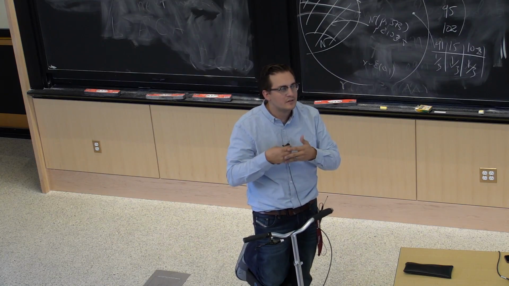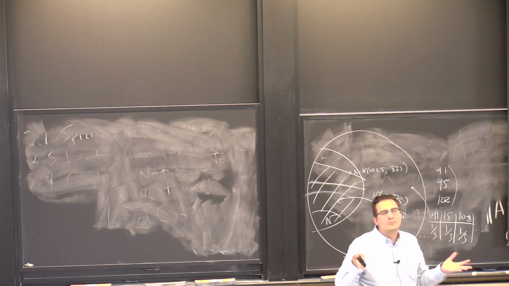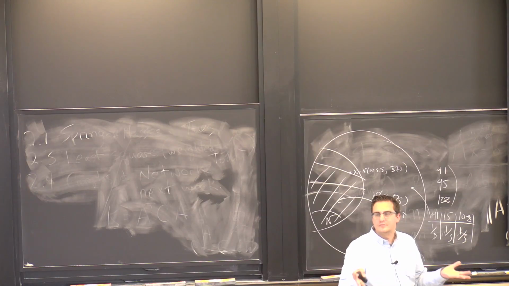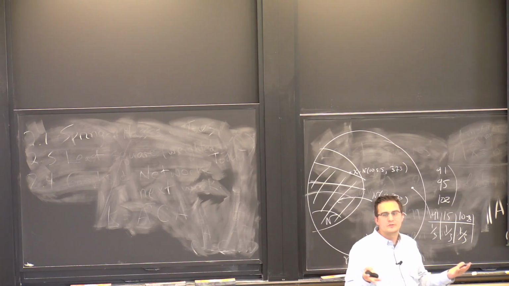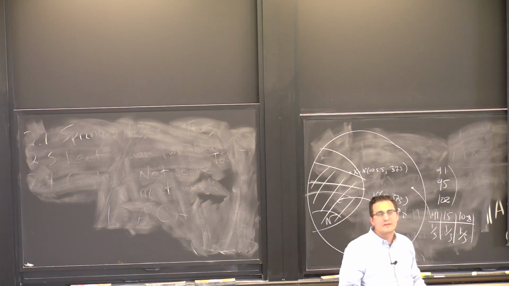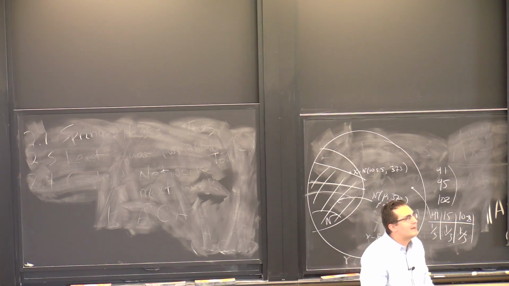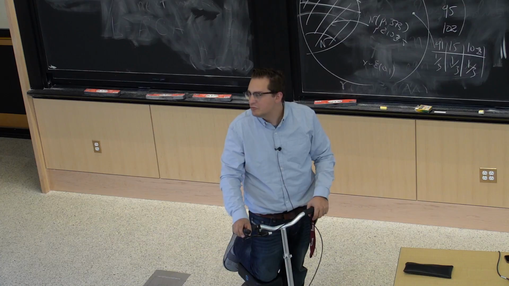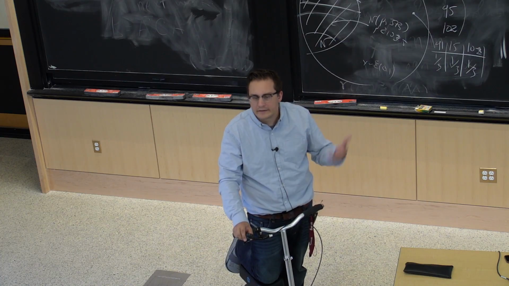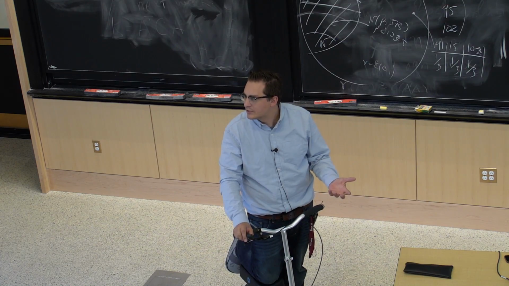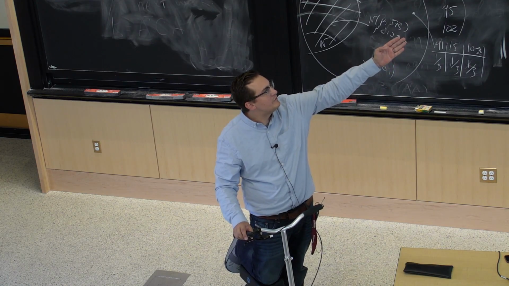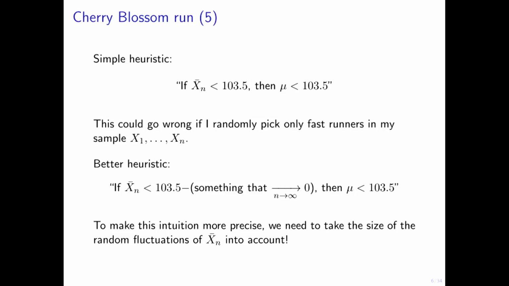In blunt words, the CLT tells me the mean is at distance 1 over root n from the expectation, pretty much. So if I have 10 people in there, 1 over root 10 is not a huge number, right? It's like 1/3, pretty much. Okay, so 1/3. 103.5, if the true mean was actually 103.4, but my average was telling me it's 103.4 plus 1/3, I would come to two different conclusions, right?